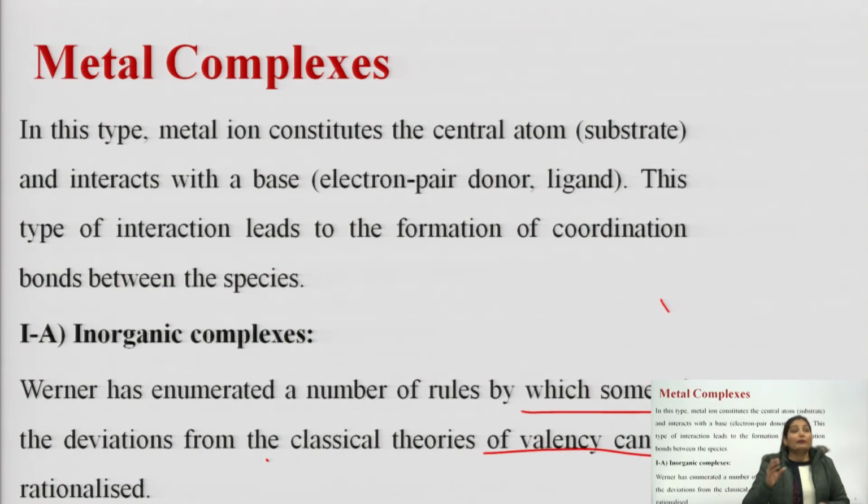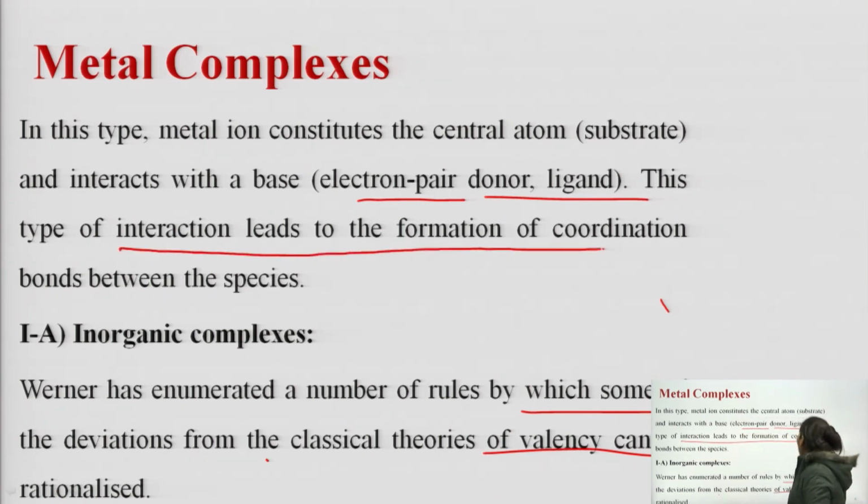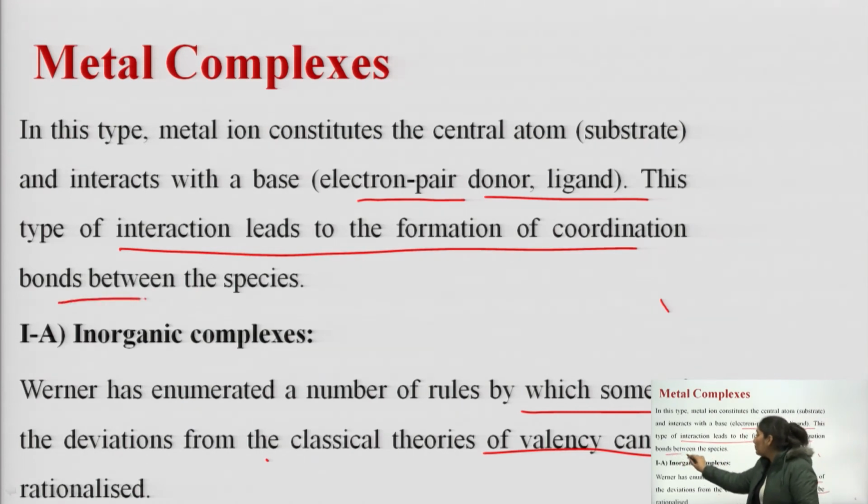So, the metal ion consists of a central atom, that is substrate, and it interacts with a base or electron pair donor or ligand, and this type of interaction leads to the formation of coordination bonds between the species.